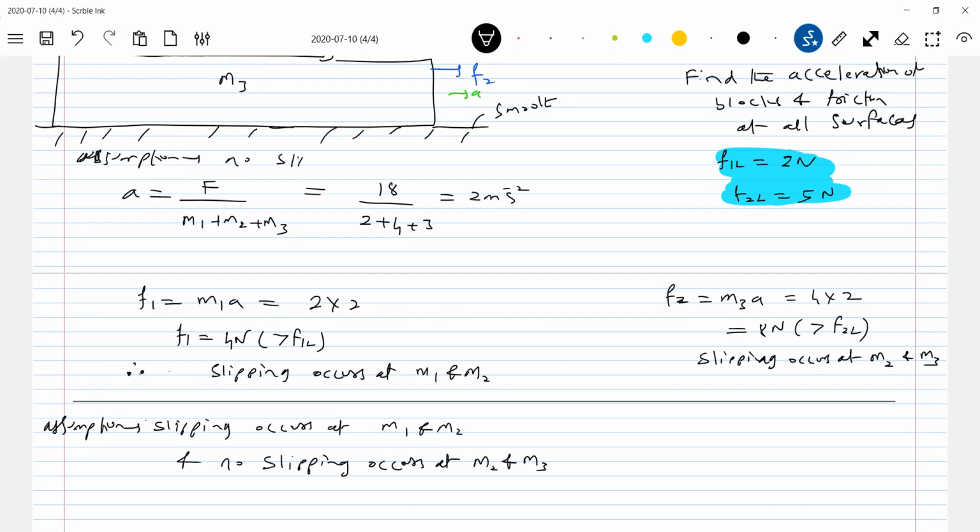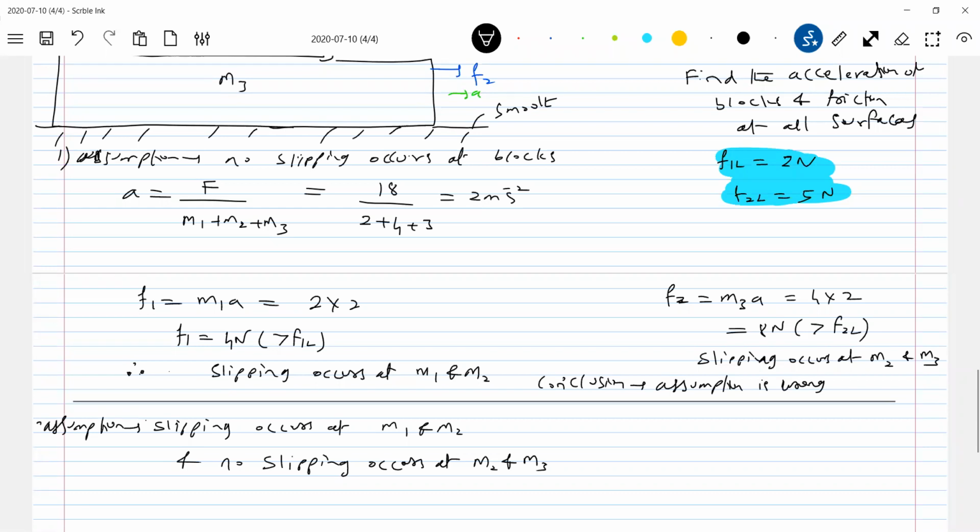No slipping occurs at all blocks. What happened to your assumption? The assumption is wrong, no? Conclusion? The assumption is wrong. So I start one more, a second assumption.